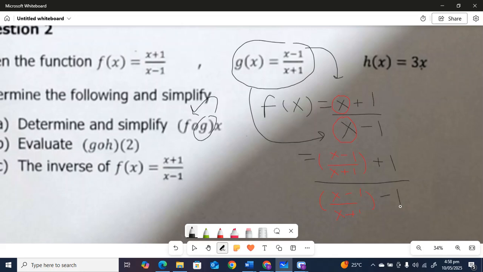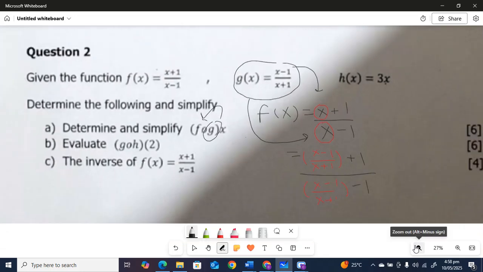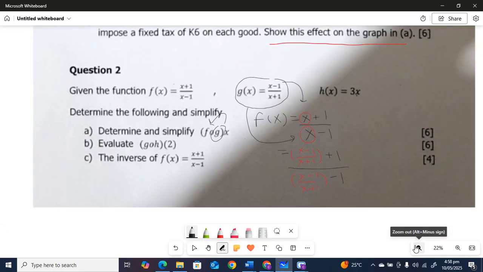Any questions, colleagues, before we start to solve further?